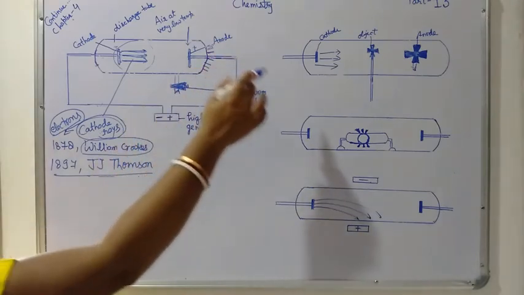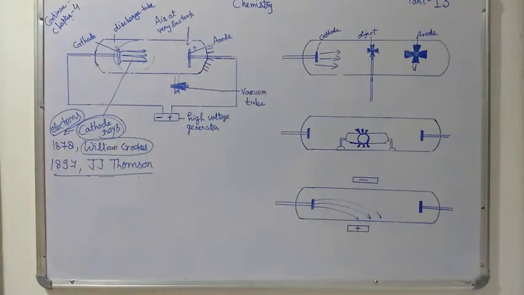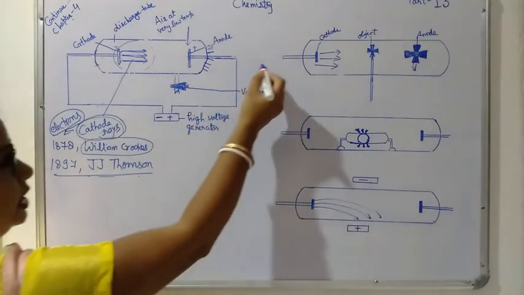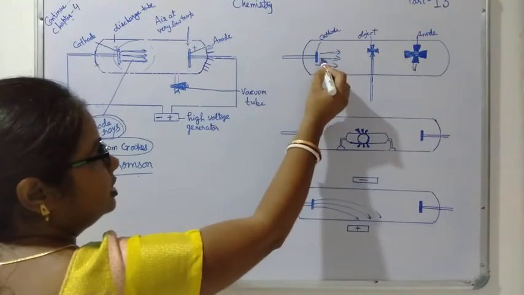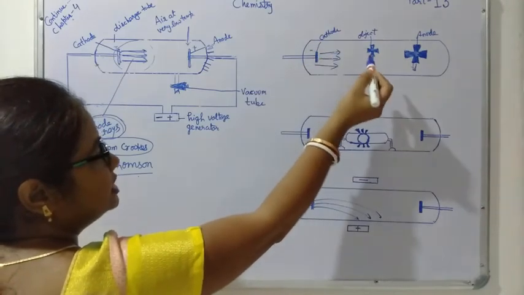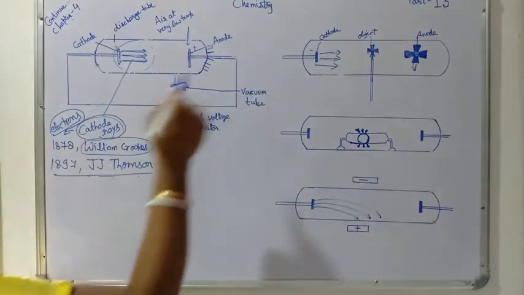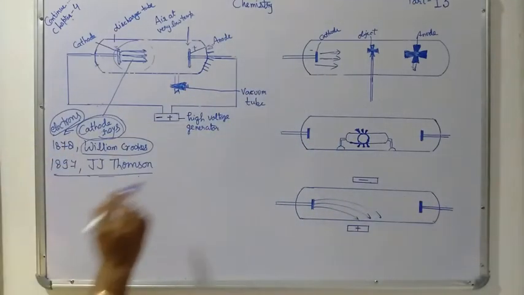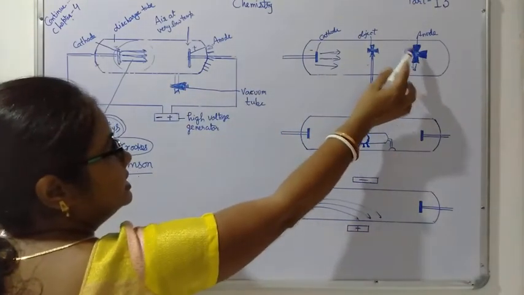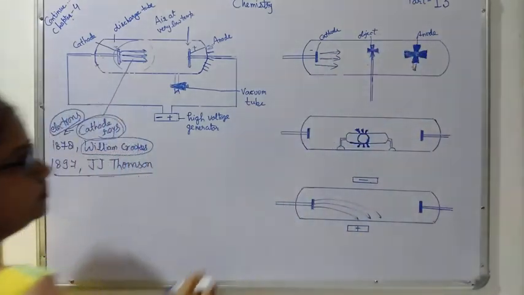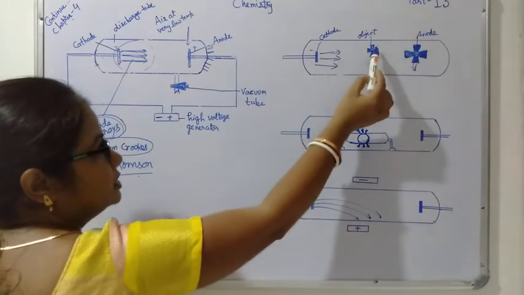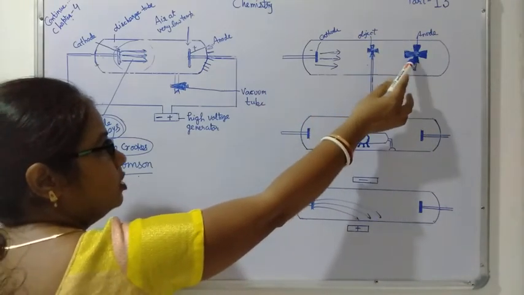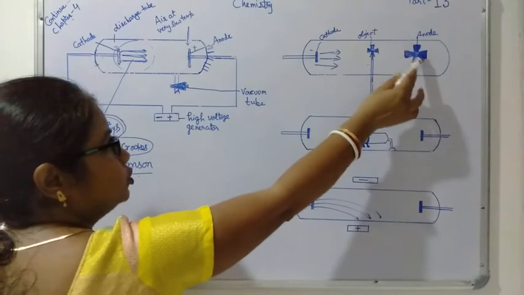So he did three experiments. In the first experiment, he kept an object in the way of the cathode rays, which were coming from the negative side. He observed that a shadow of the object was formed just opposite of the cathode side.